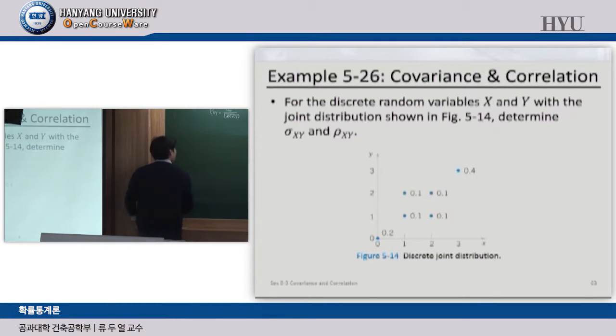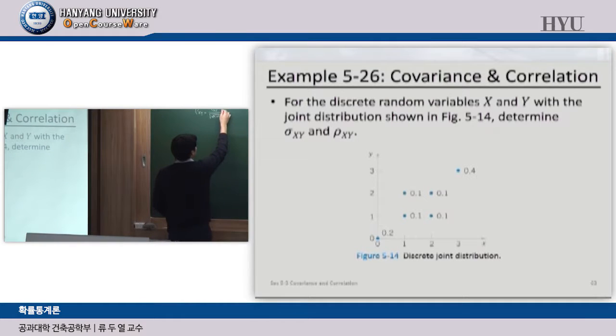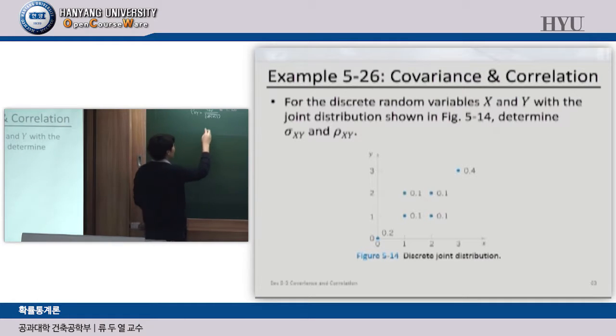And in the previous class, we have already calculated this value, that is equal to 1.26, right? So we will only calculate the marginal variance of x and the marginal variance of y.